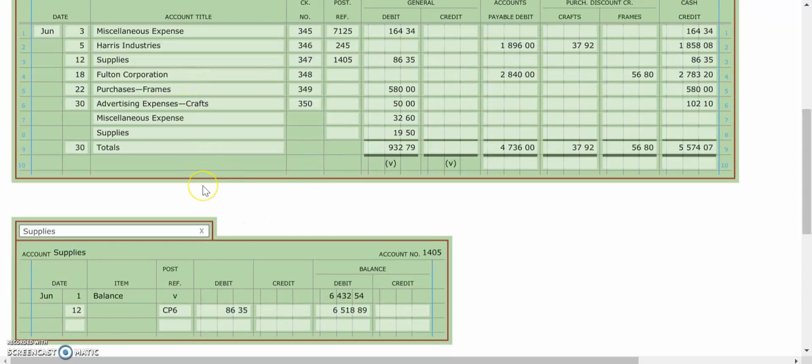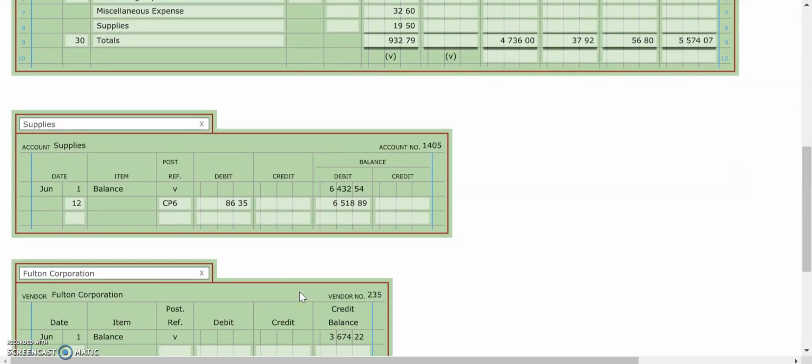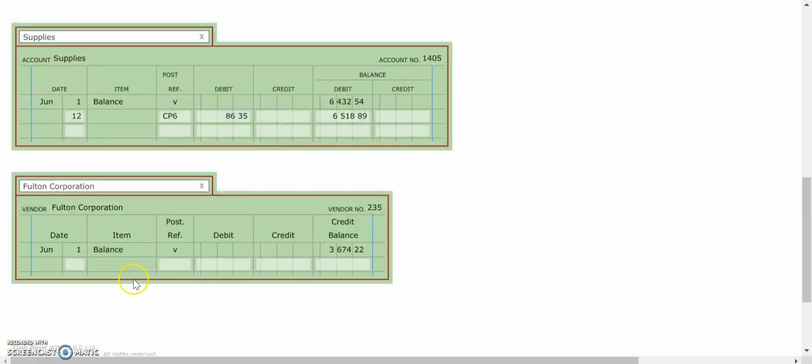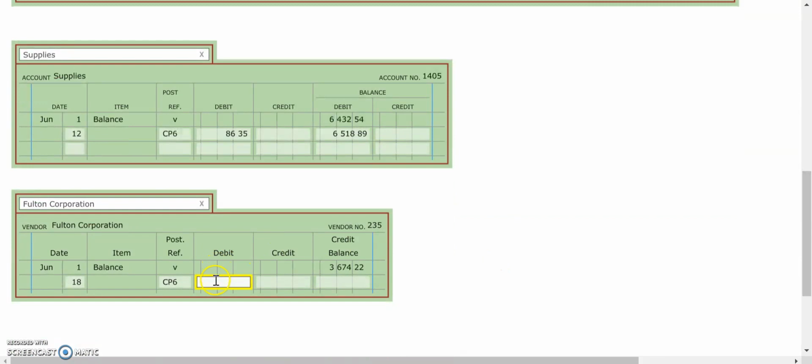Okay, we also have Fulton Corporation. That again is in our accounts payable, so we'll open up Fulton. This is on the 18th, CP6. Again, this is going to be an accounts payable debit of $2,840. So we put 2840.